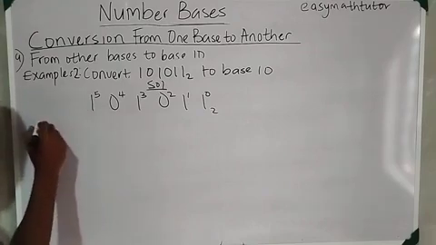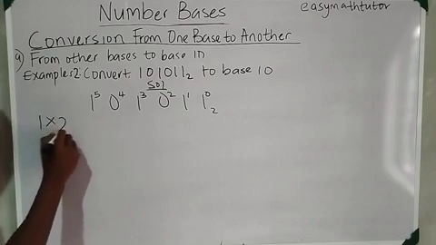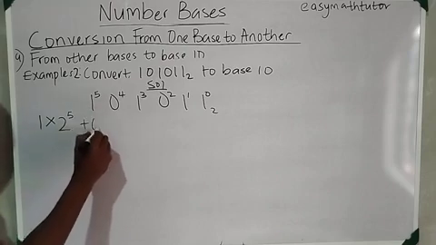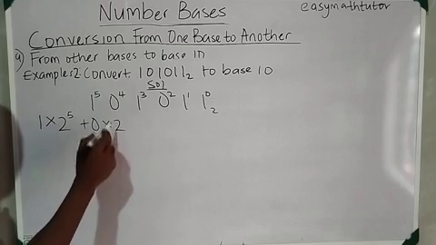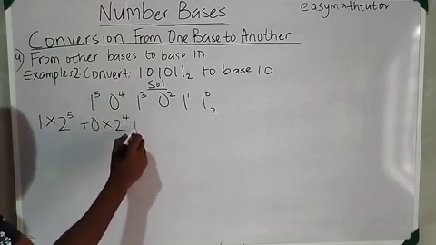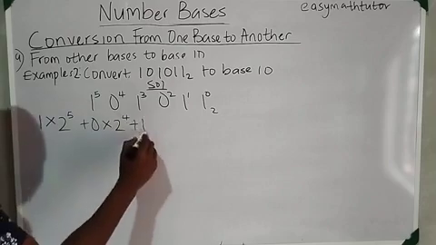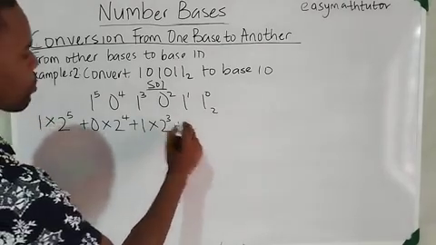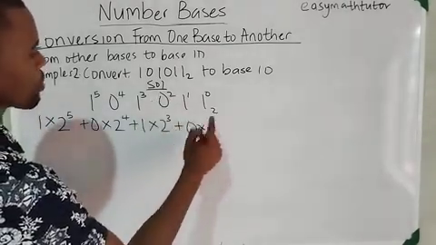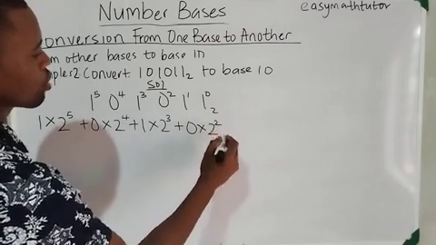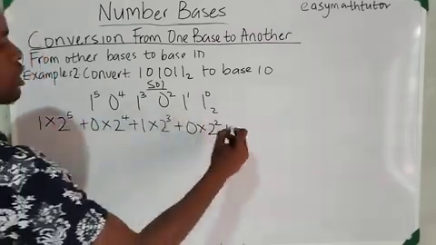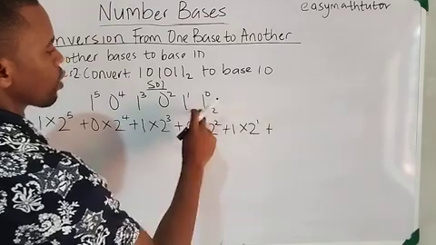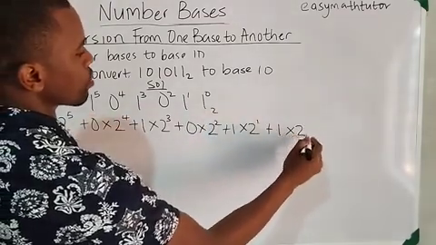So we are going to have this first number, 1 times the base 2 raised to the power of 5, plus the next number, 0 times the base 2 raised to a power of 4, plus the next number, which is 1 times the base 2 raised to power 3, plus the next number, 0 times the base 2 raised to power 2, plus the next number, 1 times the base raised to power 1, plus the last number, 1 times the base raised to power 0.